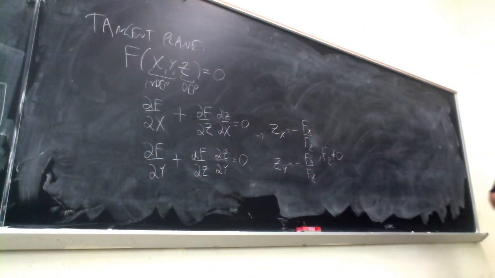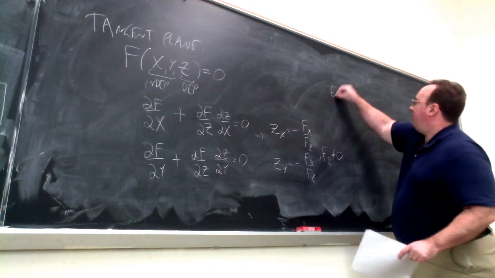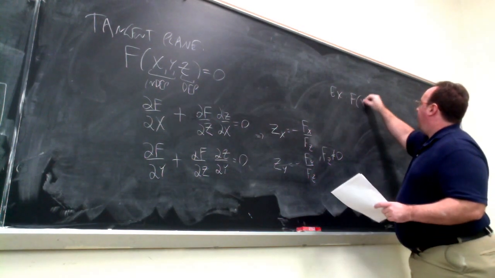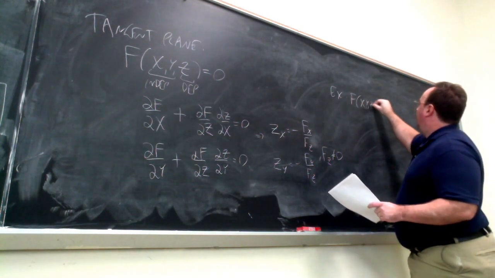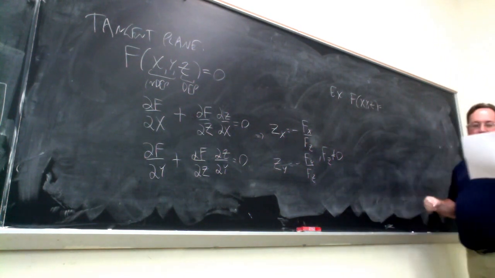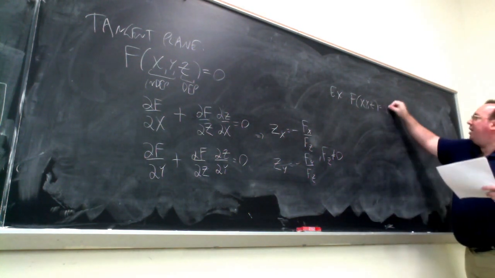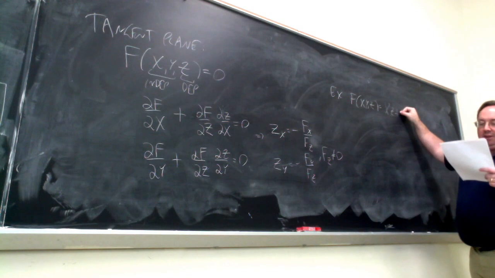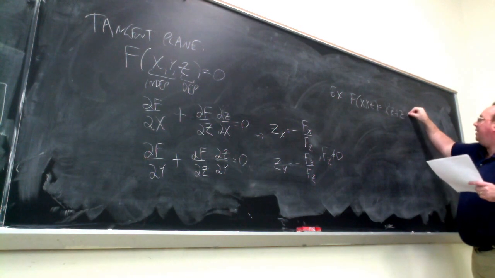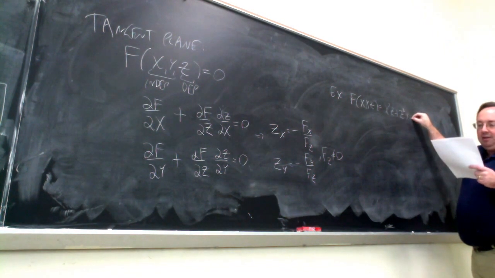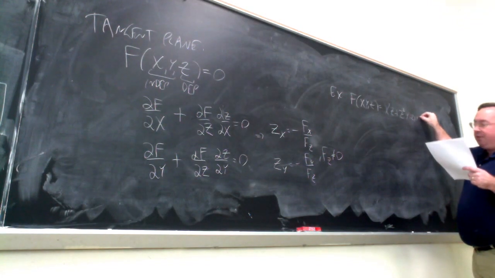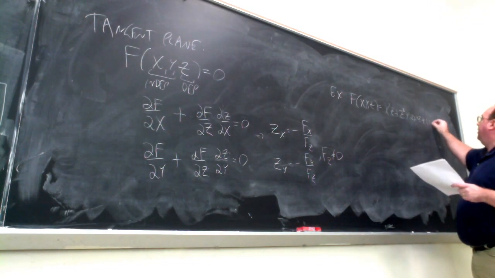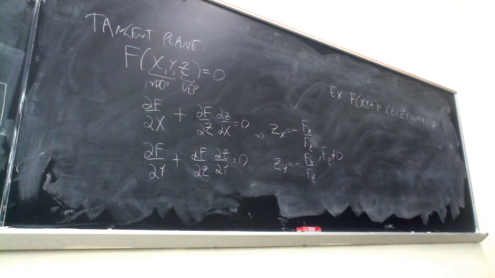And this allows you to describe a tangent plane. So as an example, I have the implicitly described function x squared z plus z squared y minus 2xyz plus 1 is equal to 0.